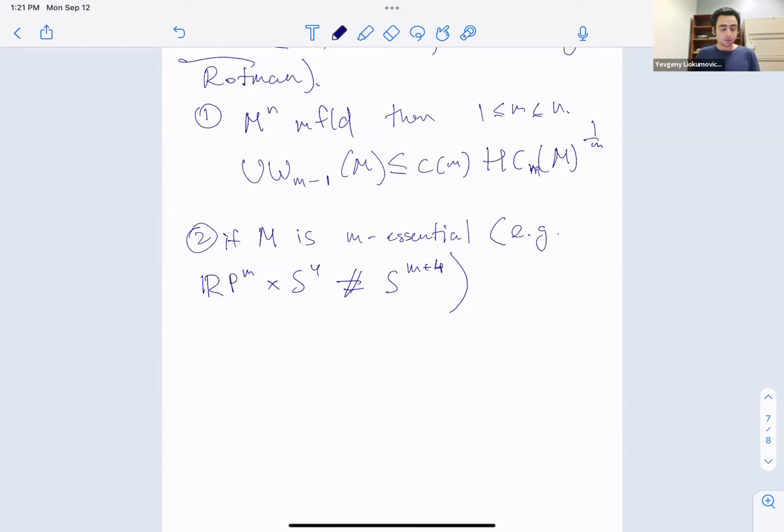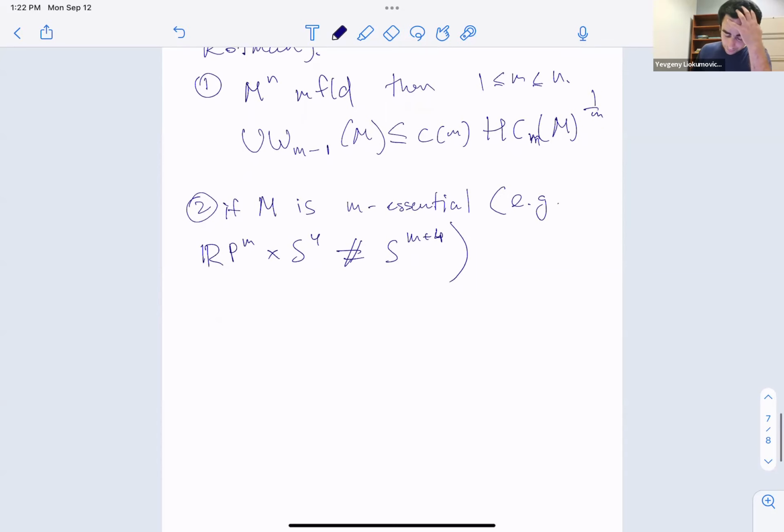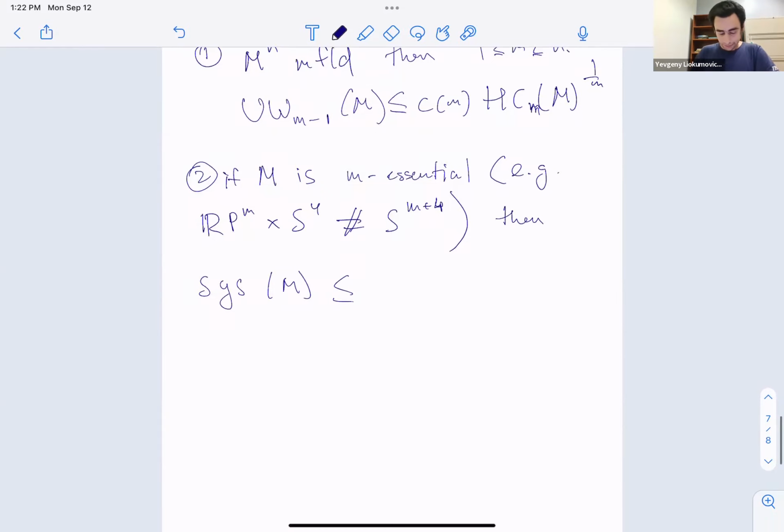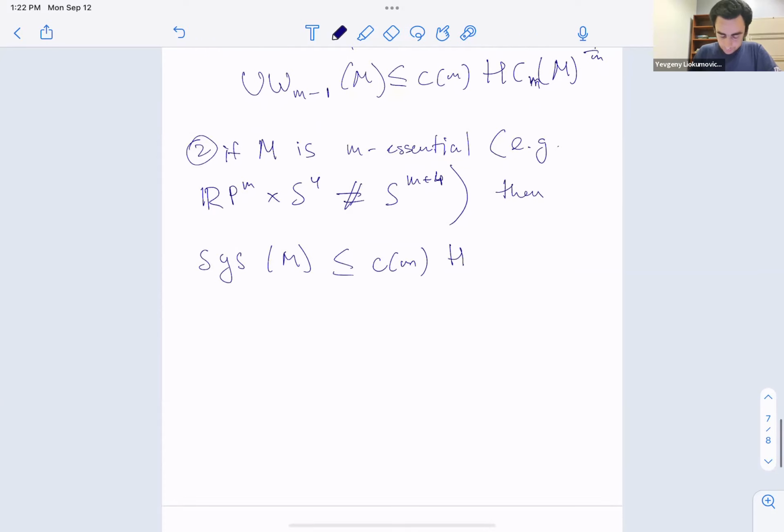So something that has a factor here which is m-essential. Then we can control the systole of M in terms of the m-dimensional Hausdorff content.